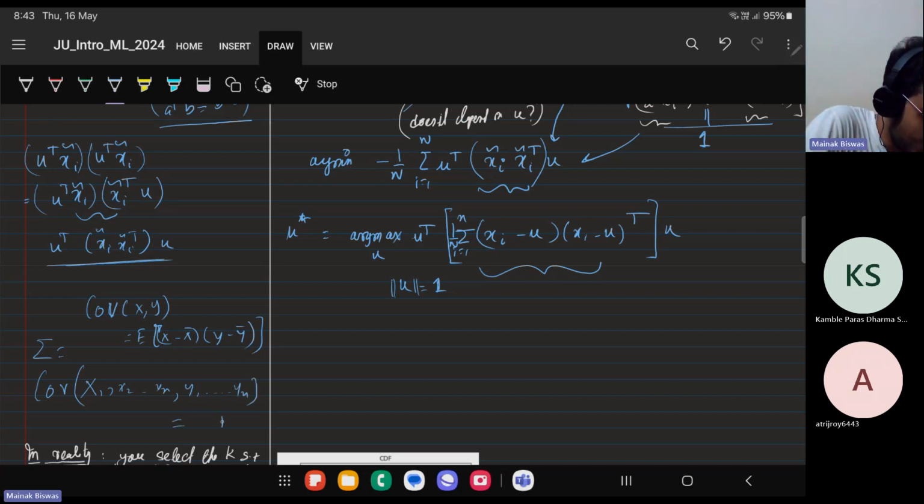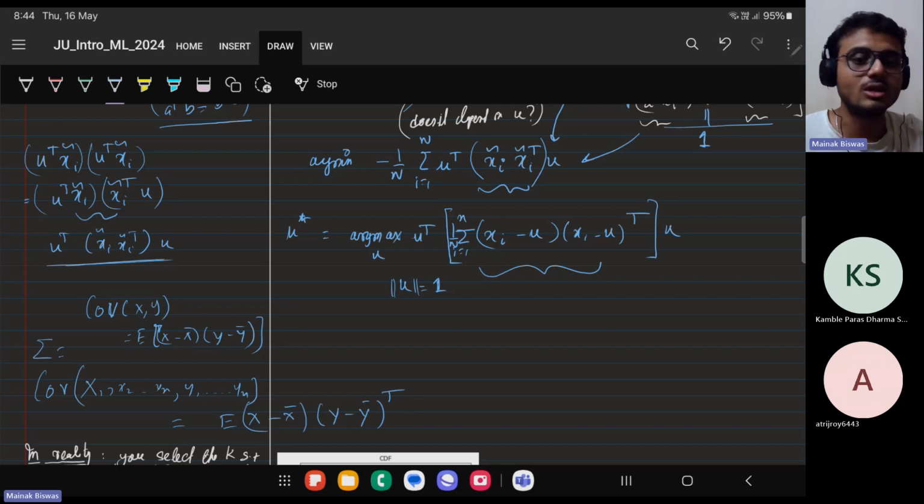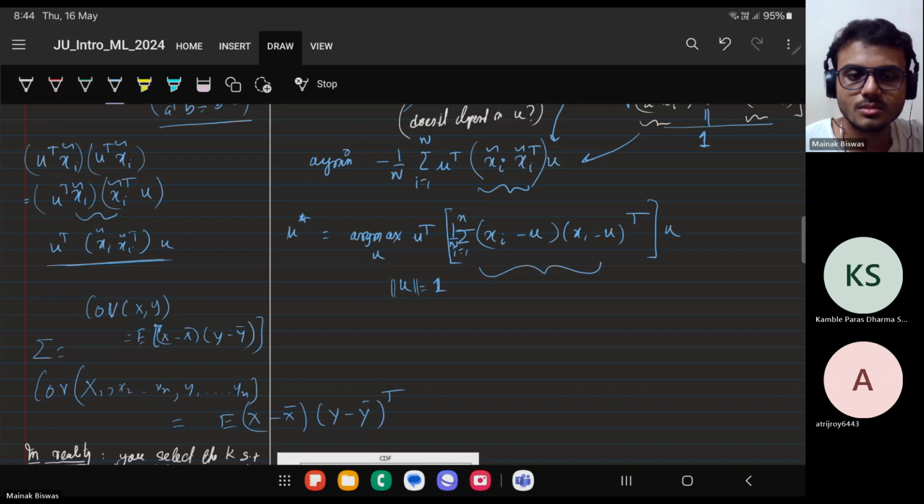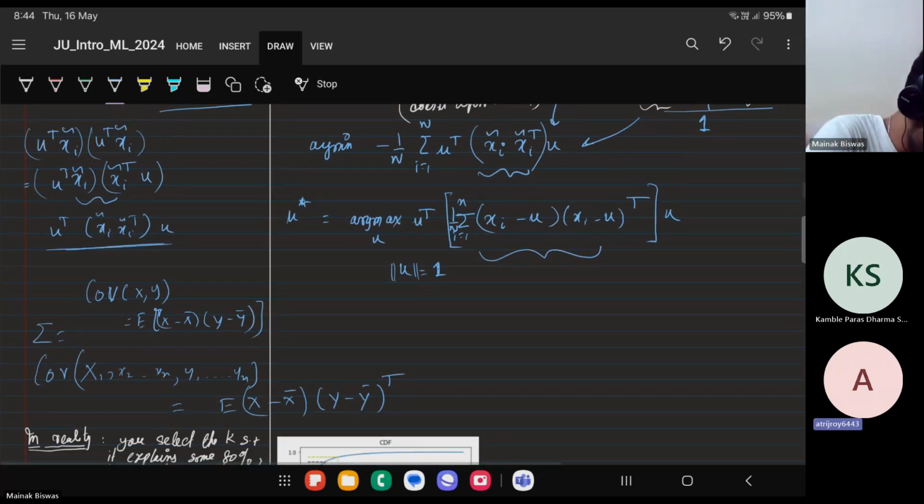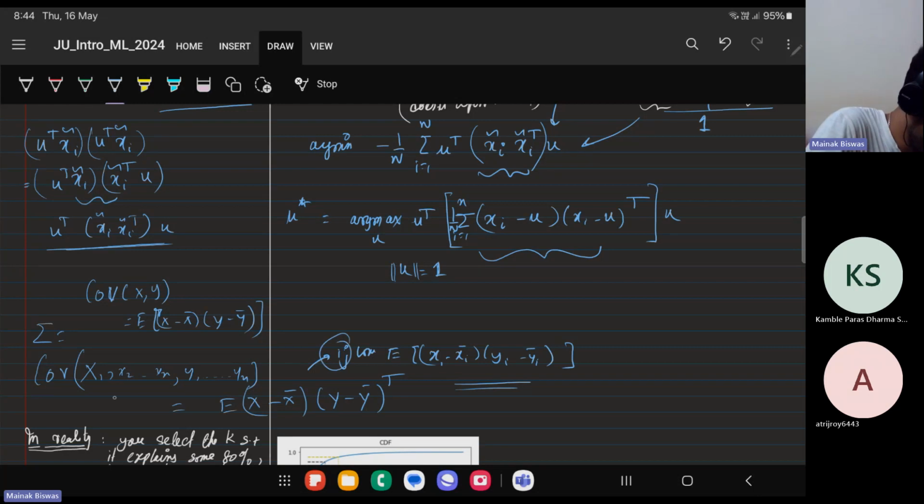This was nothing but expected value of x minus x bar, y minus y bar transpose, where these are vectors. Each ijth coordinate will be expected value of xi minus xi bar, yj minus yj bar. Yes or no? In a vector form, this is the same.